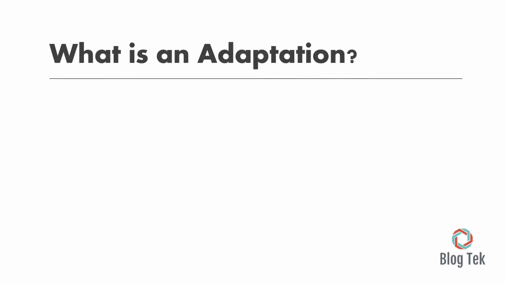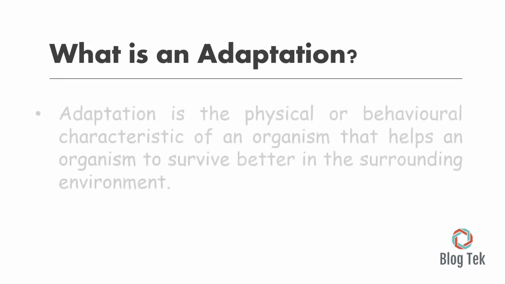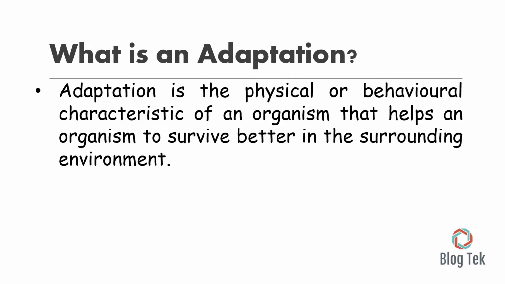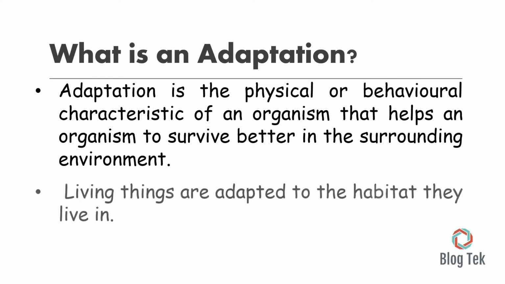First of all, we need to know what an adaptation is, as this video is all about adaptation. It is the physical or behavioral characteristic of an organism which helps that organism to survive better in its surrounding environment.